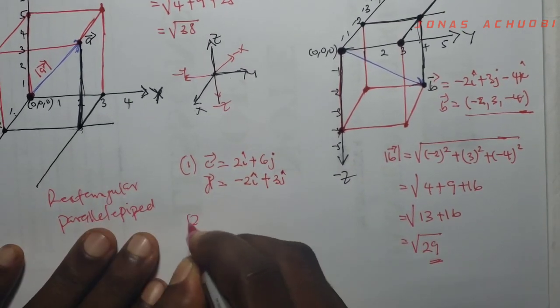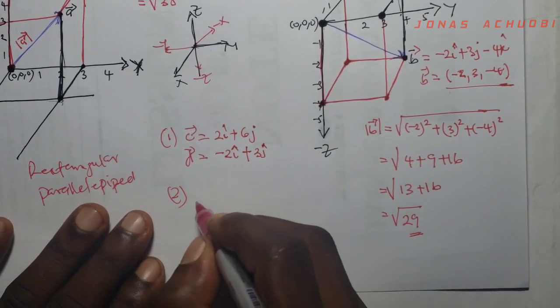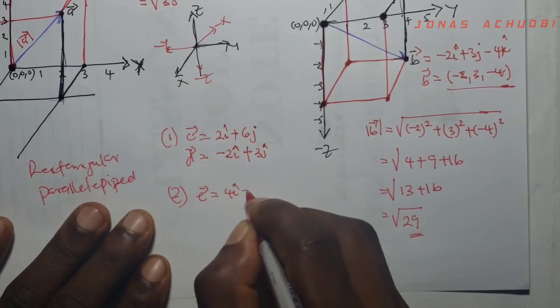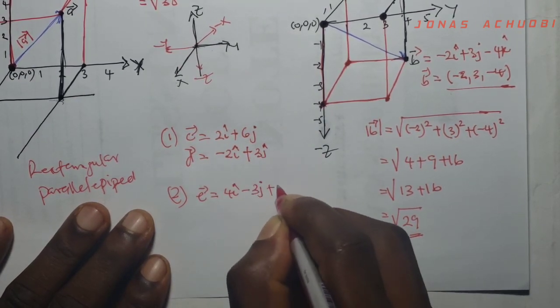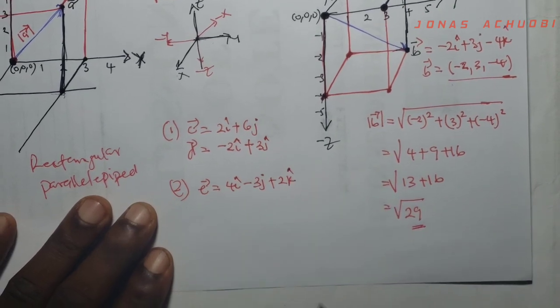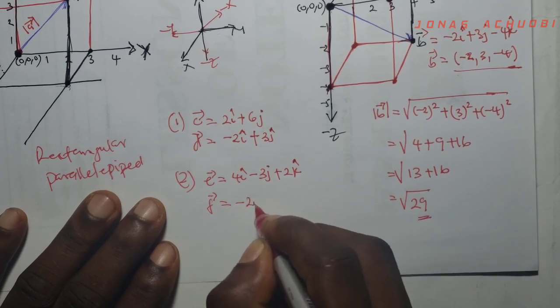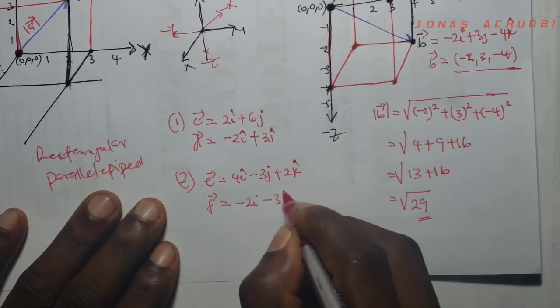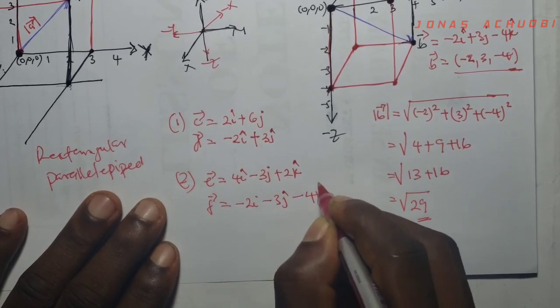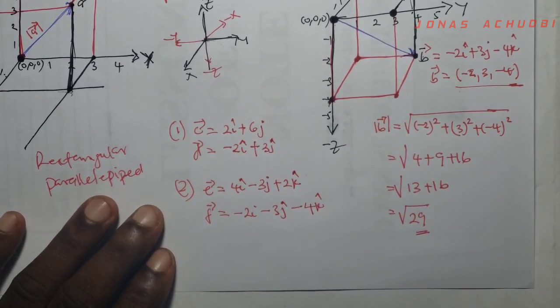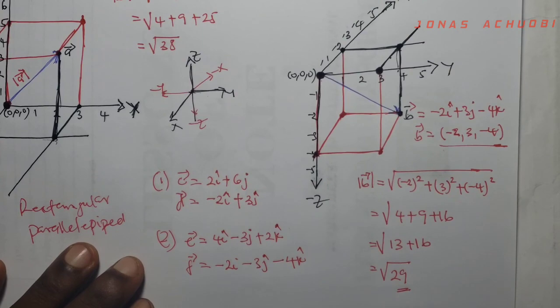Number 2, for 3-dimensional vectors, you can try vector E with the coordinates 4i minus 3j plus 2k, and see the beauty of it. And of course the final one, vector F, you can try negative 2i, negative 3j, and negative 4k. Okay, and for these two cases, try to sketch the rectangular parallelepiped that it forms.